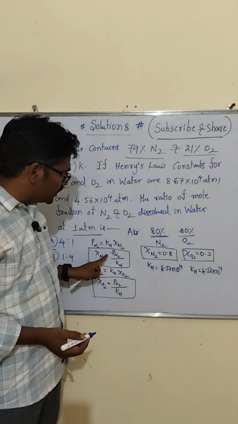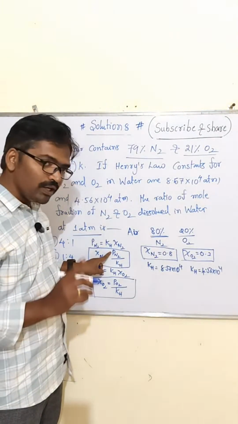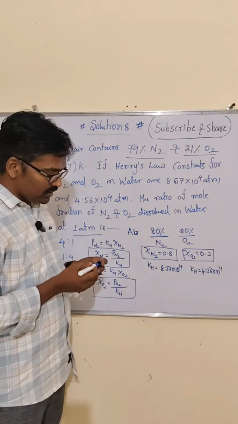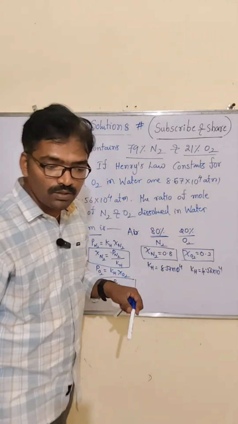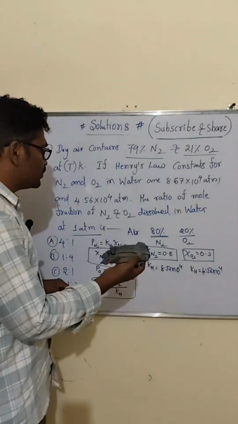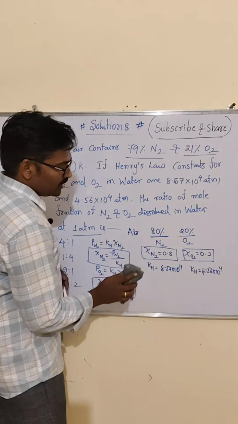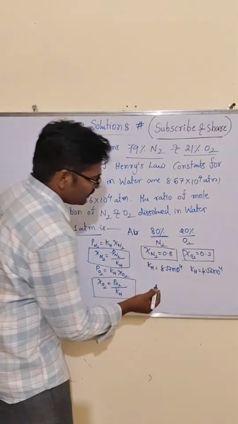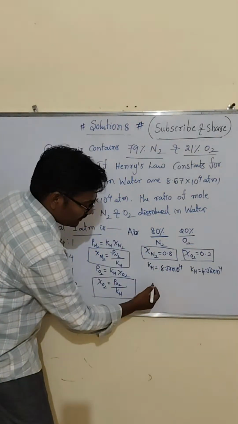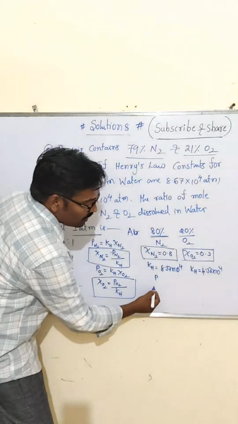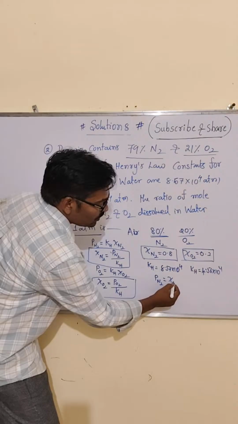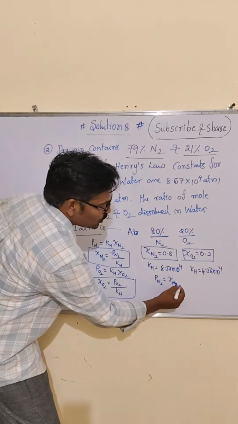Observe here, the partial pressures of N2 and O2 are required now. How can you find the partial pressure of N2 and O2? Here the mole fractions are mentioned. So from the mole fraction, the partial pressure of N2 equals the mole fraction of N2 into P total.